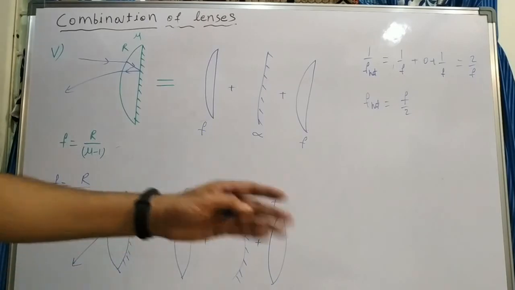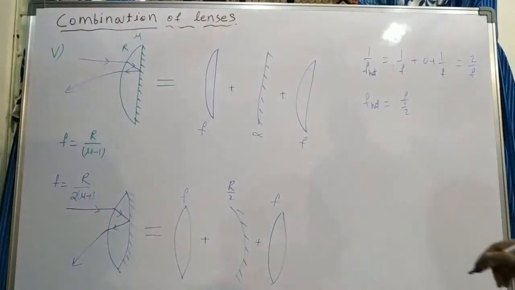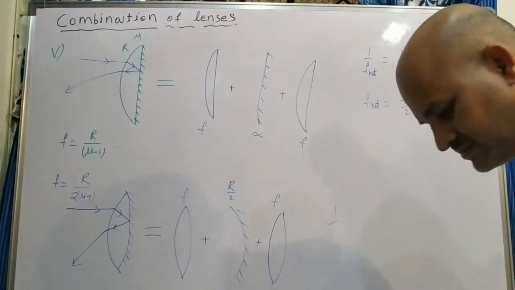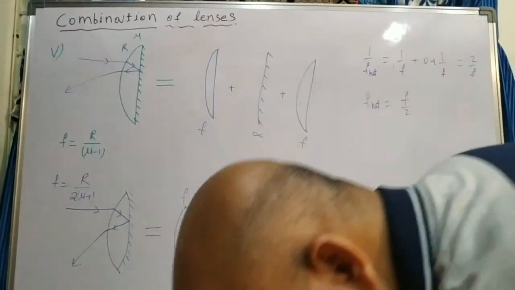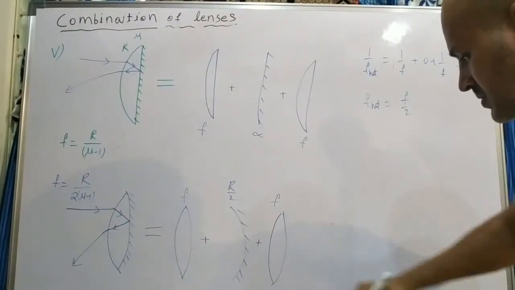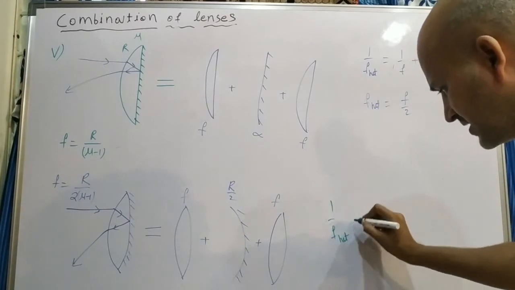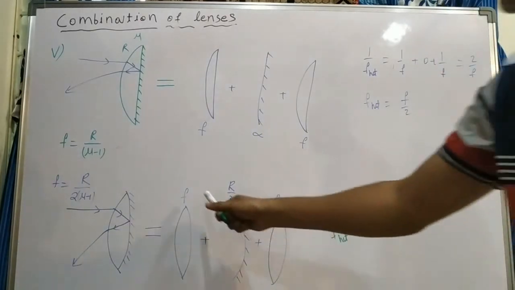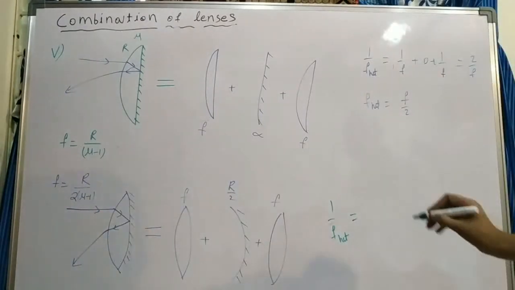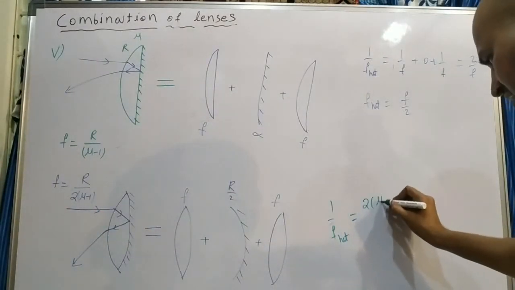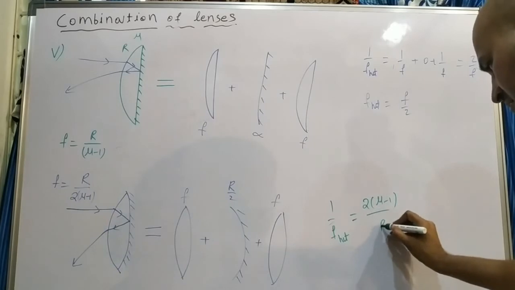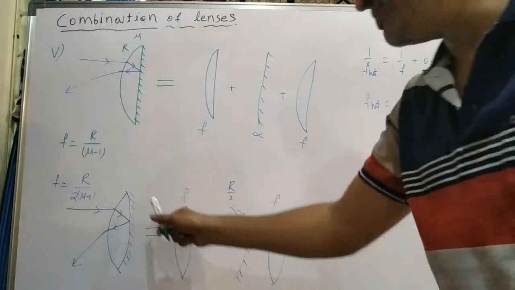Then how do we take the combination of these three? 1 by f net is equal to 1 by f1 plus 1 by f2 plus 1 by f3. The lens focal length f is 2 into mu minus 1 by R, whose reciprocal we have to take since we need 1 by f.